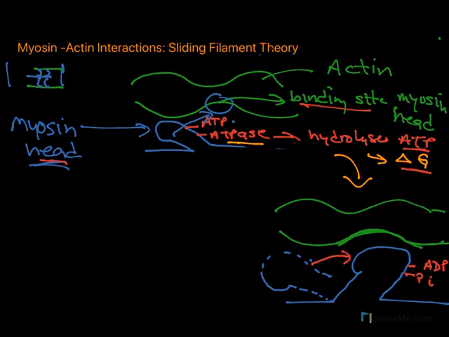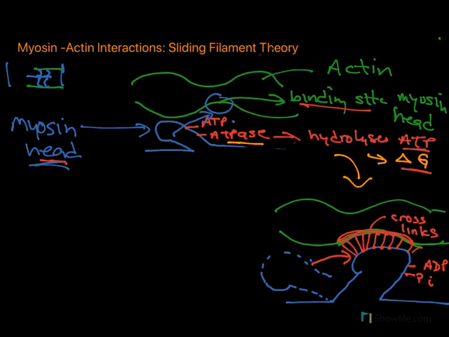It's used to move that myosin head in position such that now it can form cross links. They're called cross links. These are small covalent bonds that are going to form. So these are cross links, or linkages, that are formed between the myosin head and the binding site on the actin.